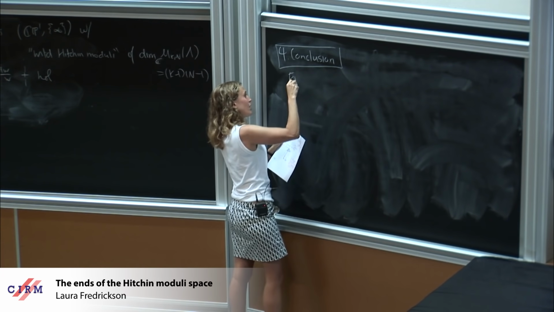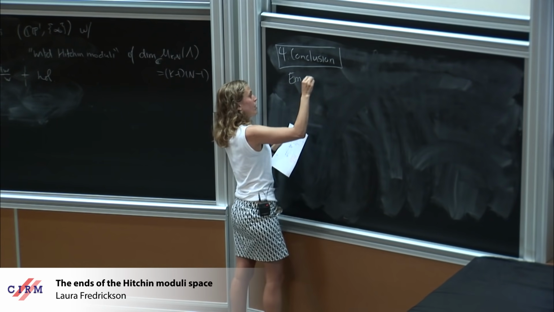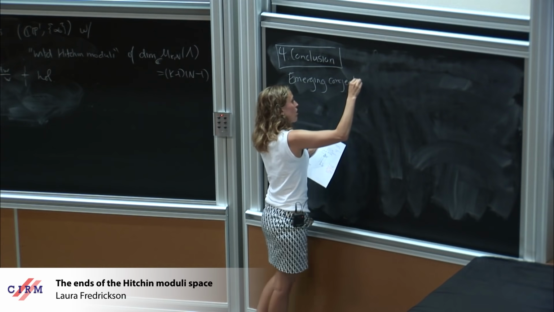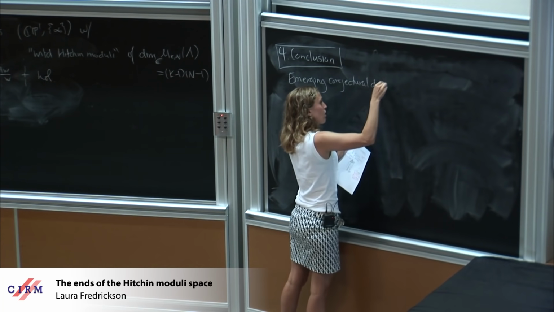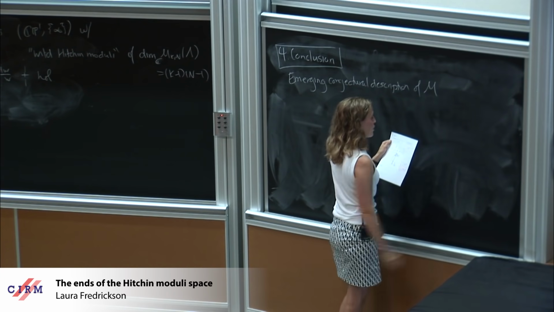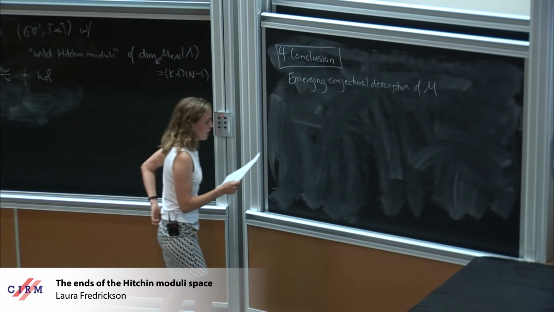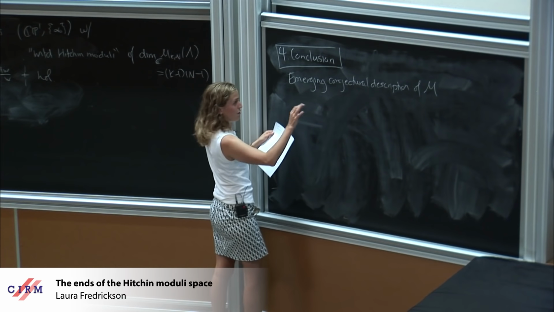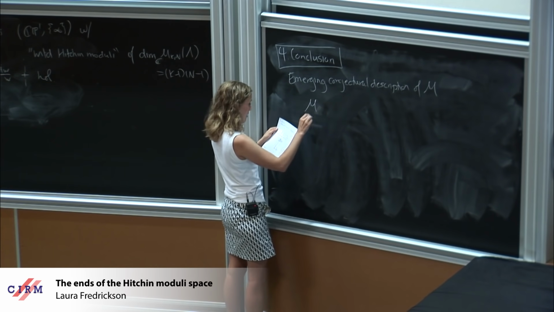So there's an emerging conjectural description of the ends. And this is with Mazzeo and Swoboda and Weiss. It's far out, but this is what is expected. So there's nothing that we've done here.